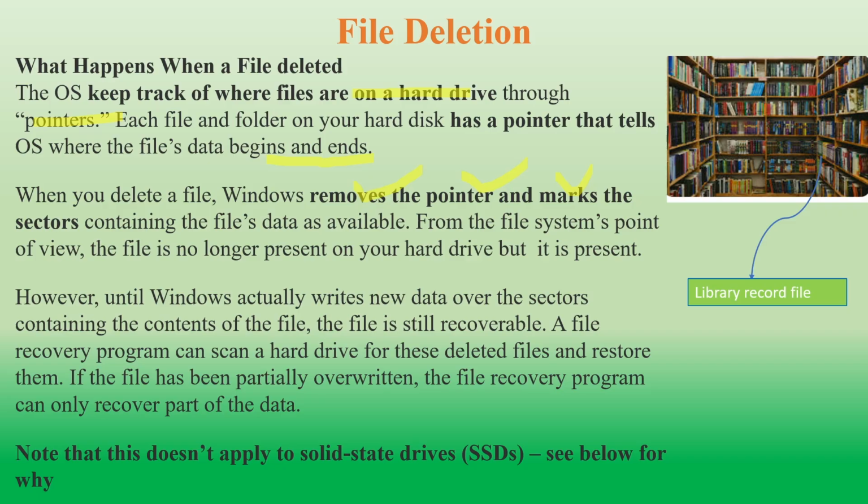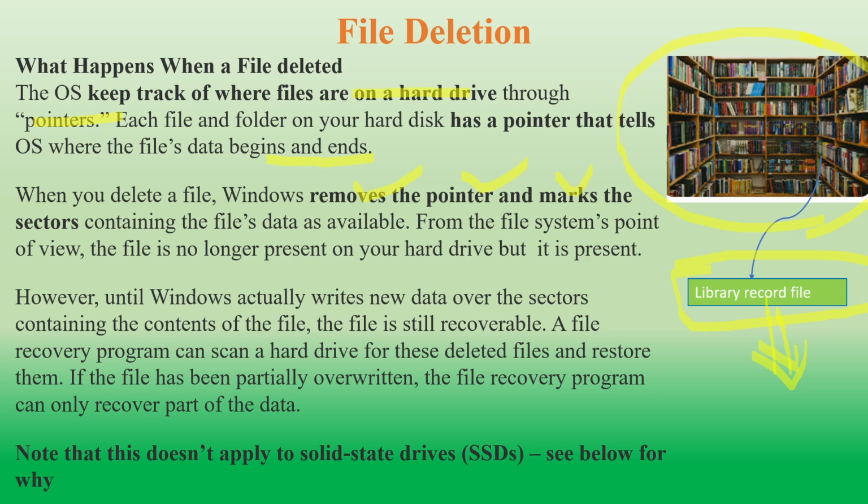In a similar manner, suppose this is a library and thousands of books are here, and there is a library record, which may also be in computer form. When we want a particular book, we search the record, and it gives the detail of the level at which the book is available.